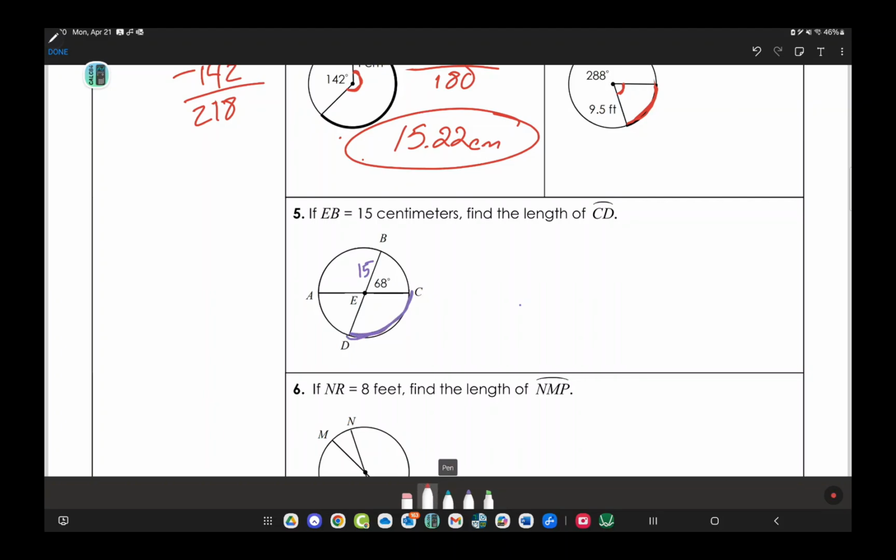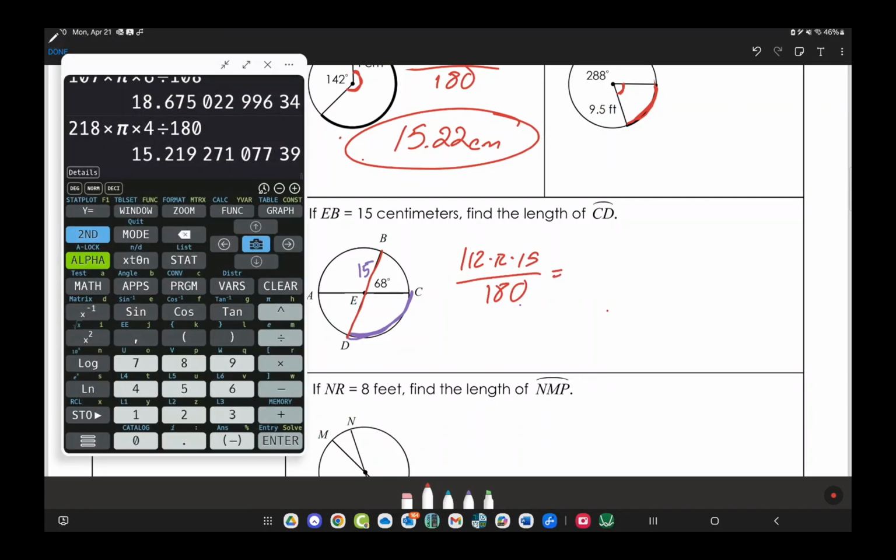Since this is a semicircle, the central angle here is 180 minus 68, which is 112. So 112 times pi times 15 over 180 gives .32 centimeters.